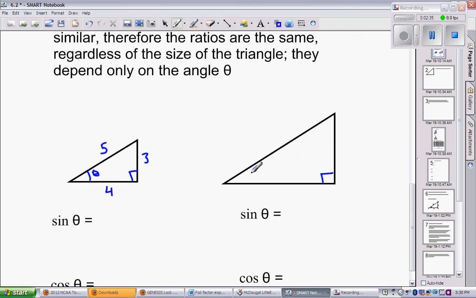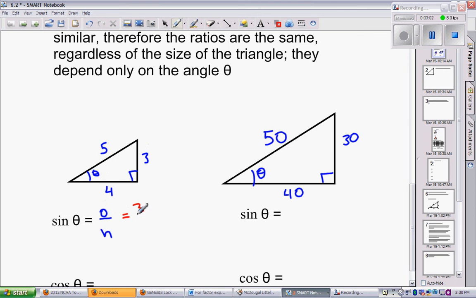Over here, we also have a right triangle with angle theta with a 30, 40, 50 triangle. So if we wanted to find the sine of theta, remember sine is opposite over hypotenuse. Here's theta, opposite it is 3.